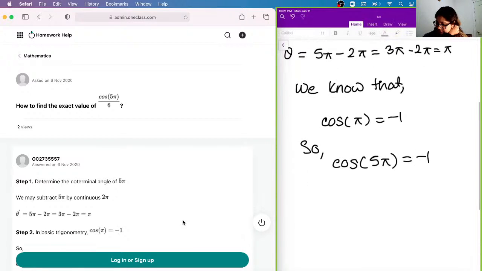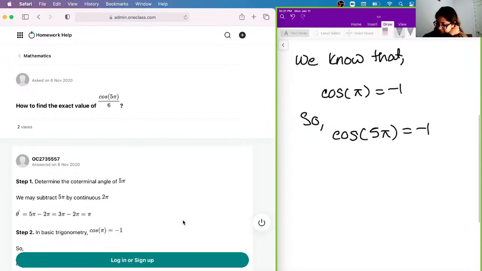So now, the last step would be to substitute the given value into the expression.